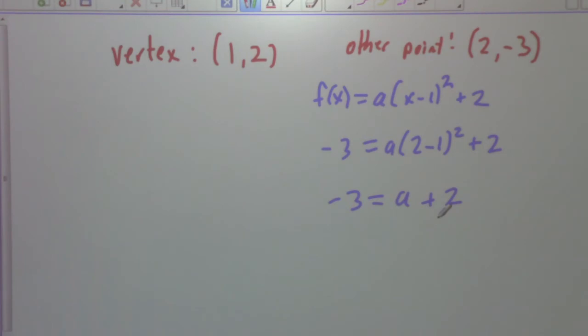Peyton, is this right? Yeah. Okay, go ahead. I'm glad you're helping each other. Good job. Then what next? A equals negative 1, right? Only a negative 5.